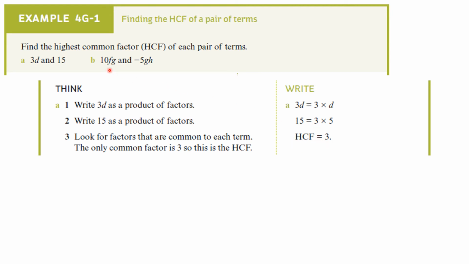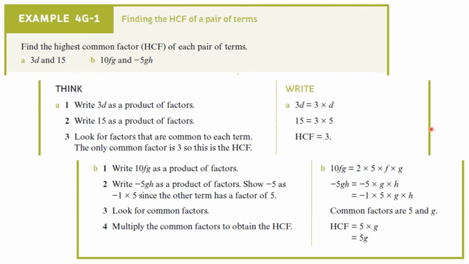Question B, we've got some more things involved here. So we've got a 10FG and a negative 5GH. If you want to write both of them out in expanded form, this would be 2 times 5 times F times G, and this would be negative 5 times G times H. They've even done an extra step here and put in this negative 1.